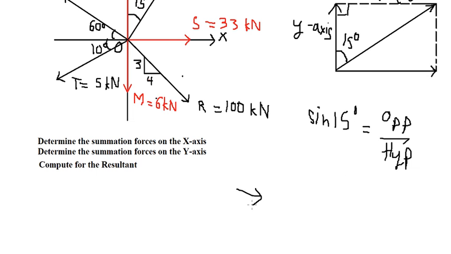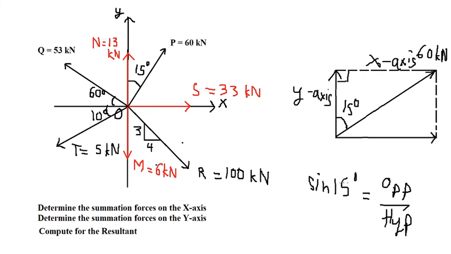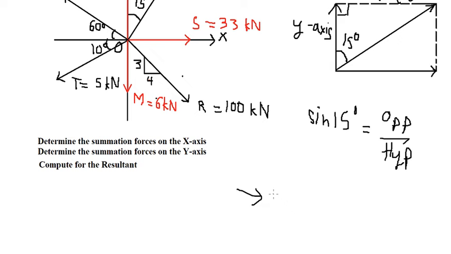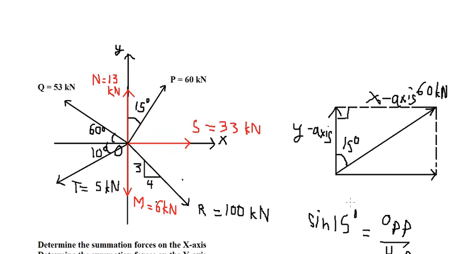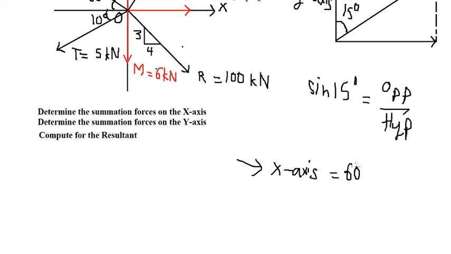We can find this one first, the x-axis: we have 60 multiplied by sine 15 degrees. And the next one, the y-axis, we have 60 multiplied by cosine 15.